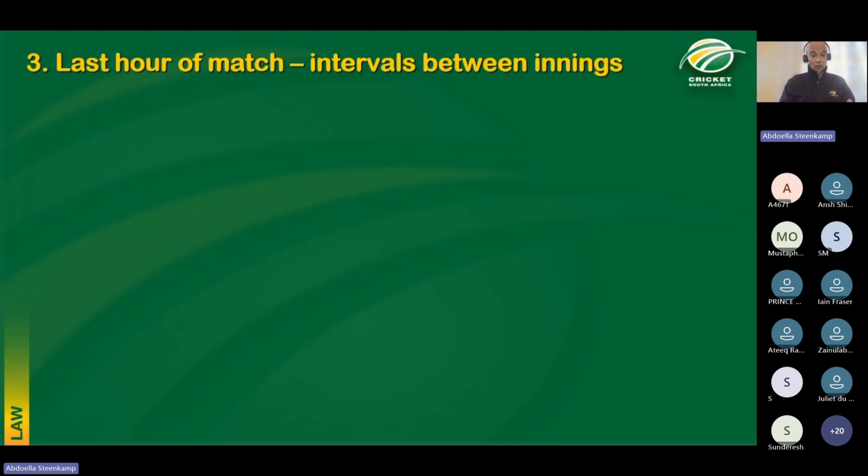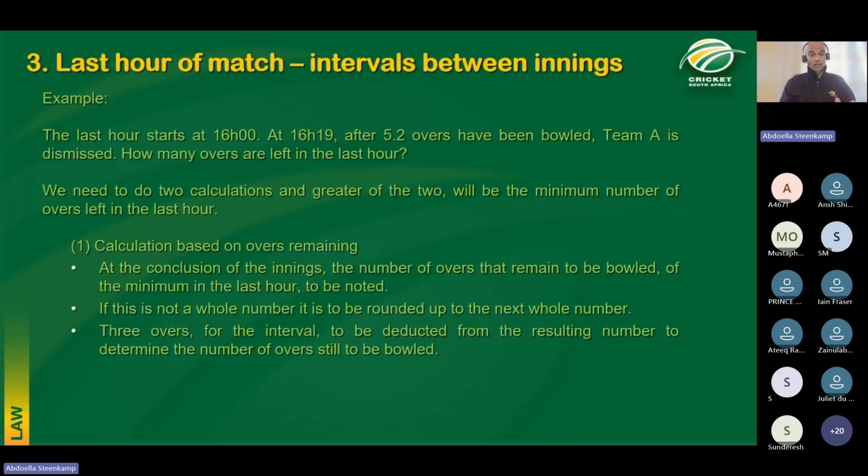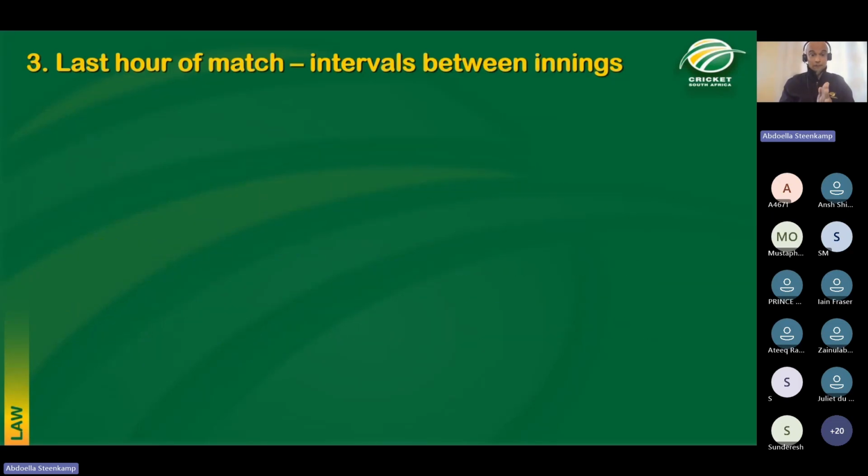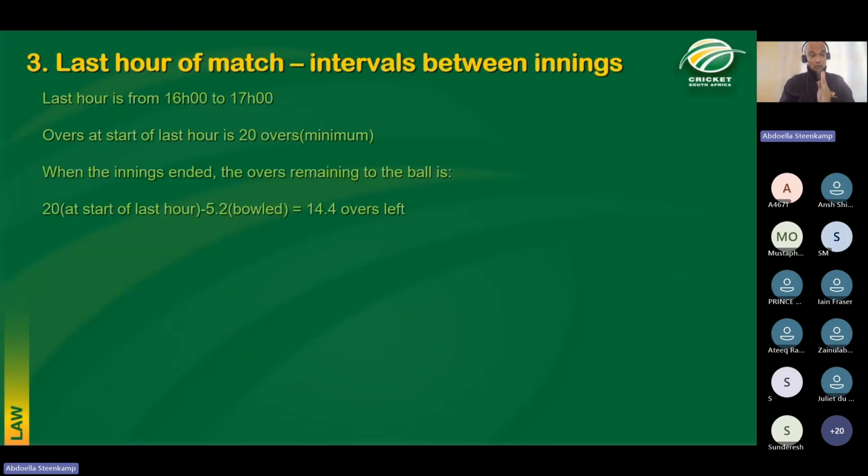The law, if I can go to the theory, if you look at bullet point 1, they tell you at the conclusion of the innings, calculate the number of overs that remain in the last hour to the ball. So I've done it. I've taken my 20, I subtracted 5.2, and I'm left with 14.4. So now I've done bullet point 1, to the ball. Bullet point 2 tells me, if my answer in bullet point 1 was not a whole number, I need to round up to the next whole number.